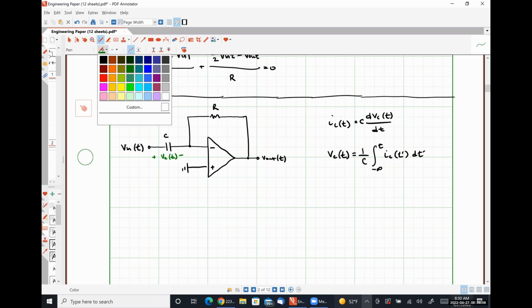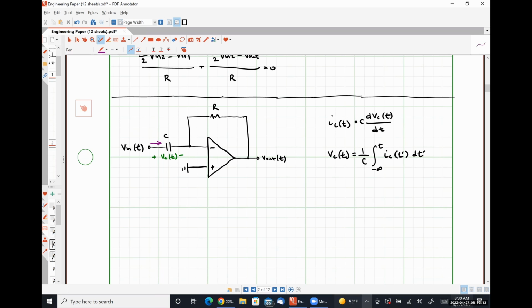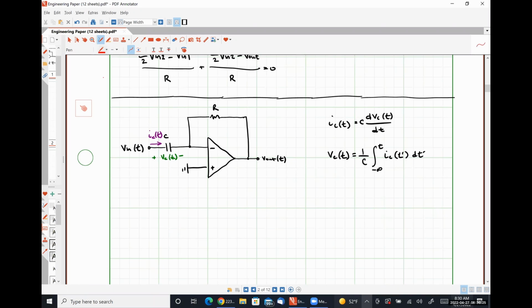And I'm going to call this current IC of t. Okay. And from here on out, we're pretty much just going to be applying those exact same relationships that we did previously. So we know that from op-amp rule number 1, both of these currents must be 0 amps.